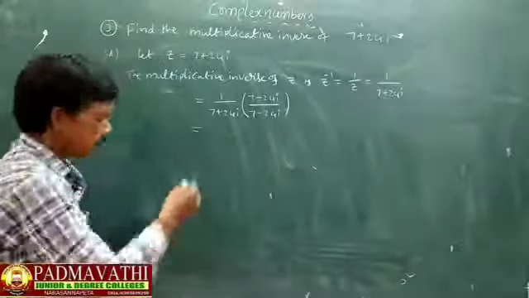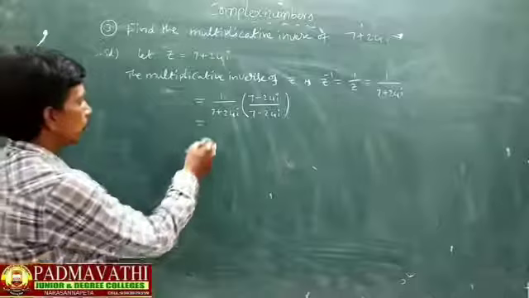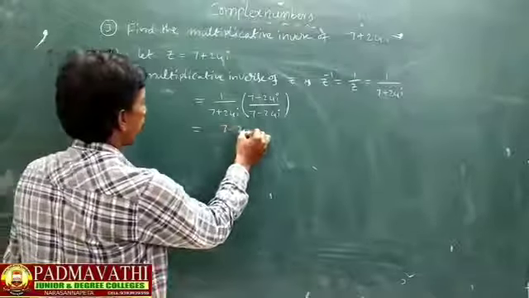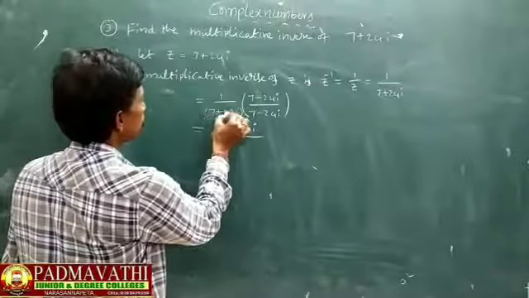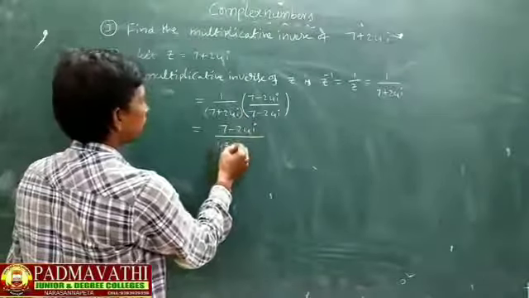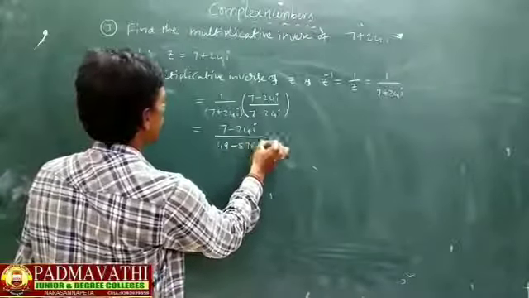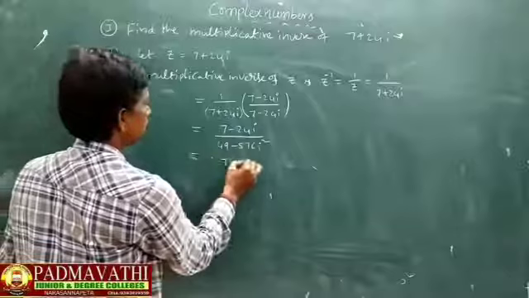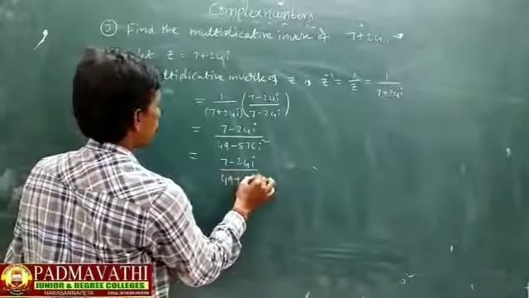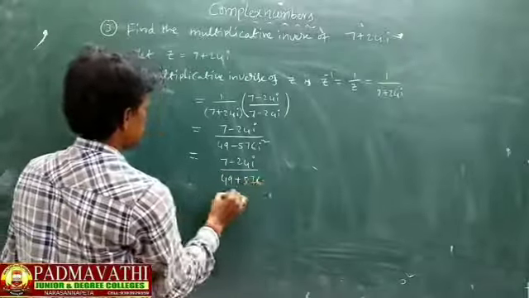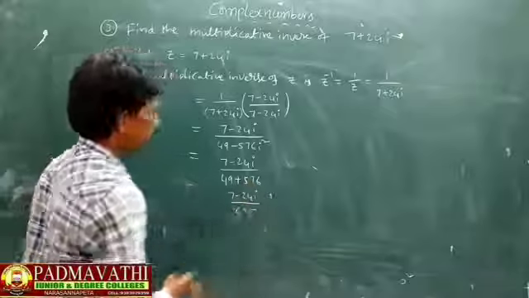So that is, applying the rationalizing, 7 minus 24i by 49 minus 576i square, 7 minus 24i by 49 plus 576, 7 minus 24i by 625.